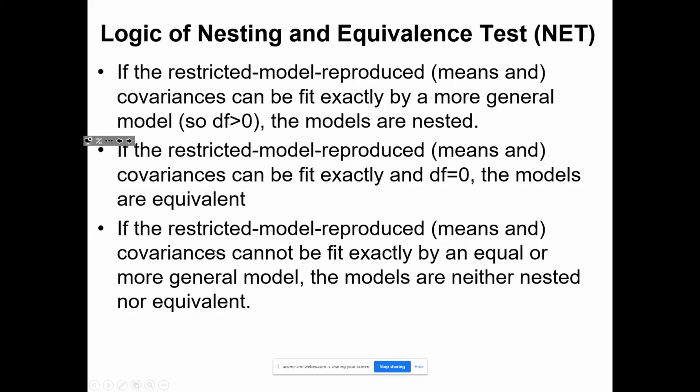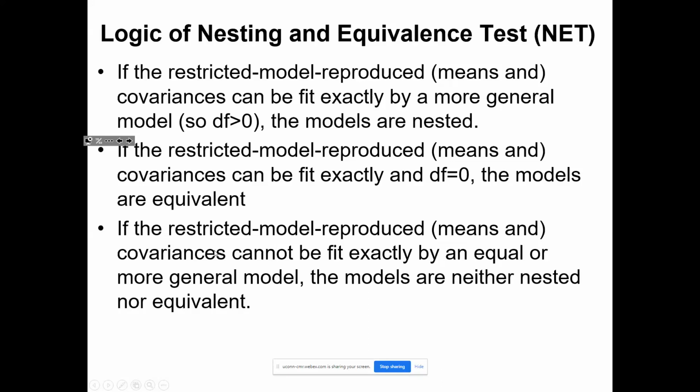If you inadvertently did it the other way around, starting with the more complex model, getting that model implied variance covariance matrix and then fitting the simpler model, you wouldn't actually get a chi-square of 0 anymore, because the simpler model has fewer parameters, and you probably wouldn't be able to completely reproduce the matrix with the simpler model.